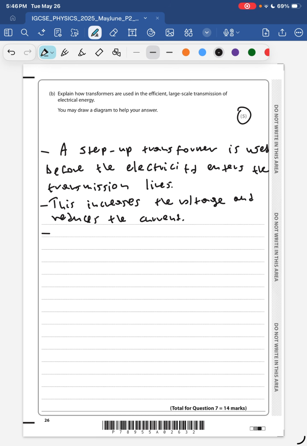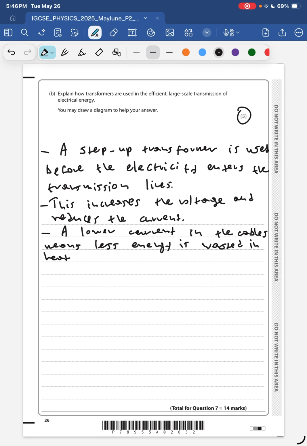A lower current in the cables means less energy is wasted as heat in the cables. And you can write that heating effects depend on current squared. This is in parentheses. It's not needed, but it's good to know.